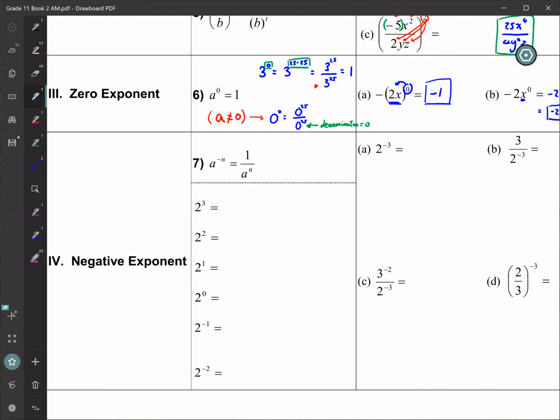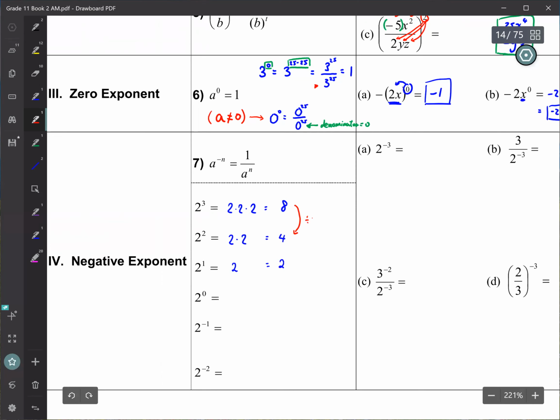2 to the 3 is 2 times 2 times 2, which is 8. This is something we already know. 2 squared is 2 times 2, which is 4. So as you move down, you are losing a 2, and the way you're losing it is you divide by 2 again as the exponent goes down.